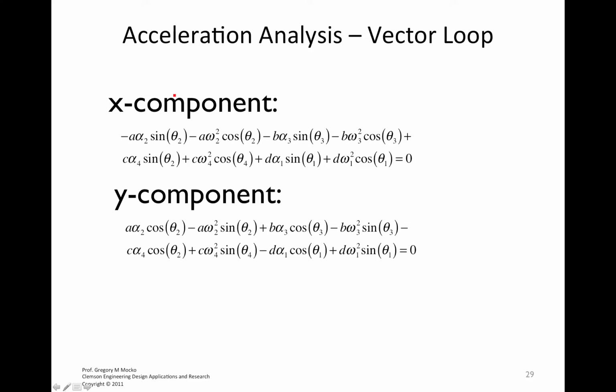I have rearranged and collected these expressions into x components and y components. So again, here's what you'll see. This is from link 2, this is from link 3, this is from link 4, and this is from link 1.